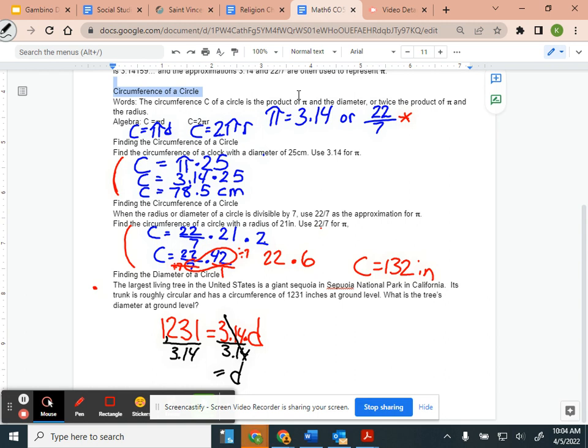Round it. 392. So the full number would look like this: inches. Don't forget to put your label. 392.0382 inches. It does not say to round it, so I would put out the whole answer.